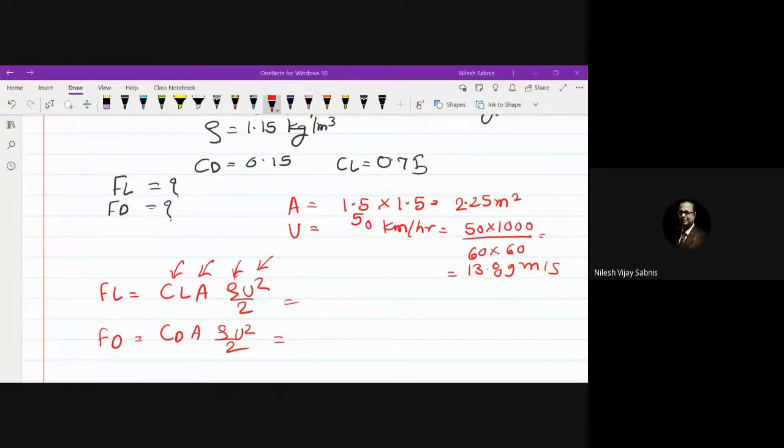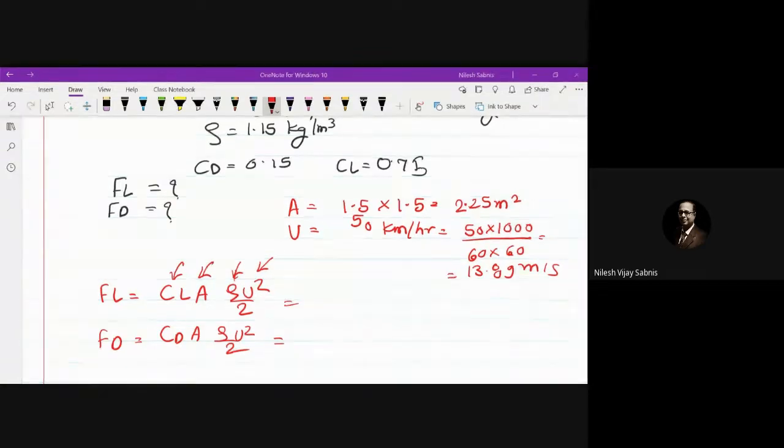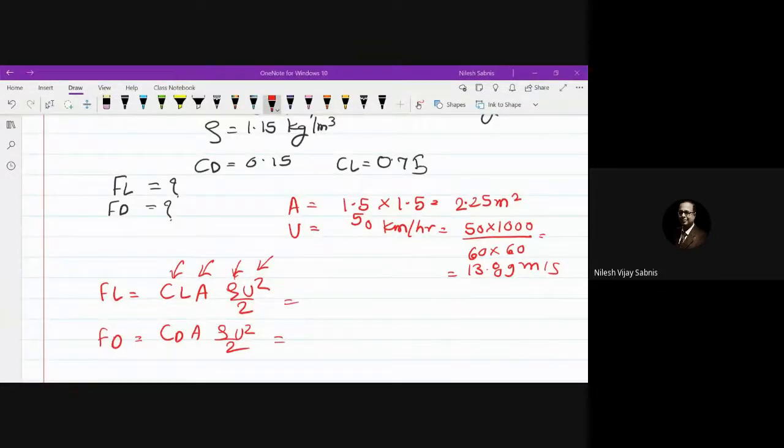Who has given the answer? You have to enter the answer.